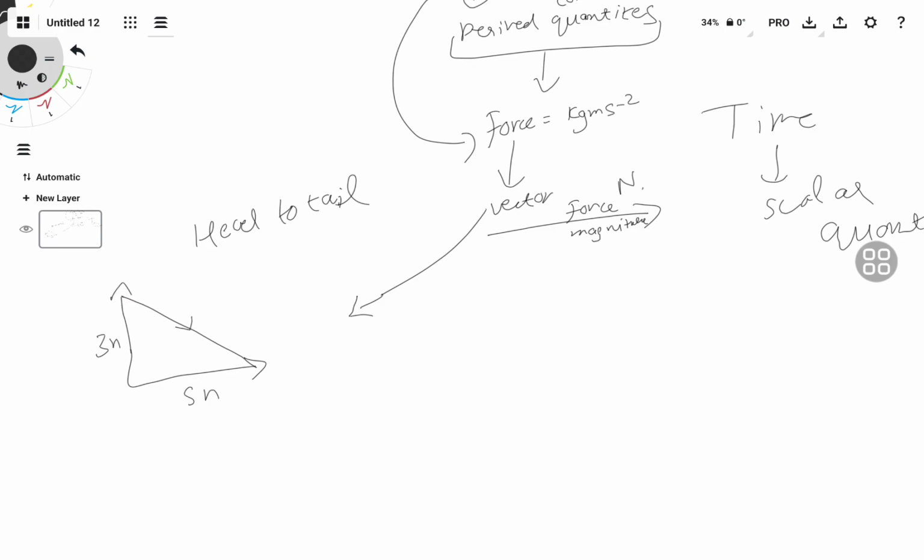So it will be like this. We use Pythagoras theorem, which is 3 square plus 5 square. Let me do the math. Which will be root 34, or 5.83 Newton.